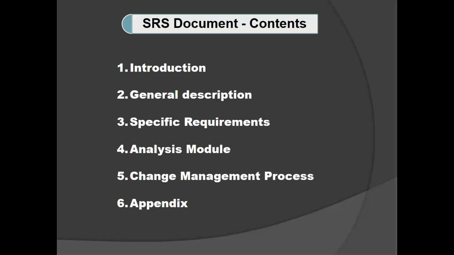In the same way, functional requirements. As I said, it is our responsibility as a BA. For each and every functionality, we have to explain. For example, if a login module is there, we are going to explain that. In this project, we are going to have login. It contains user ID, password, and login button.